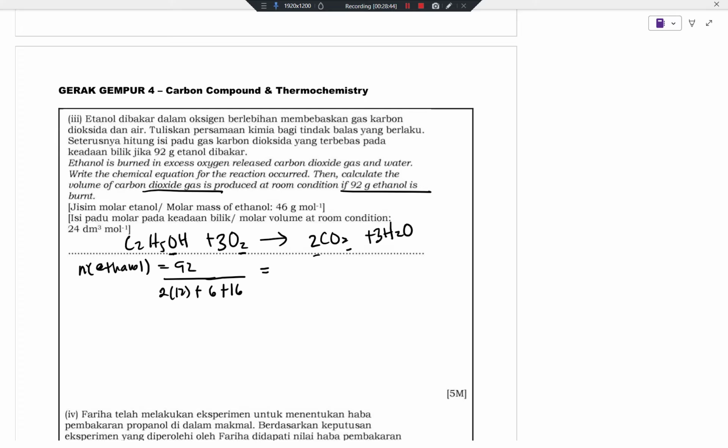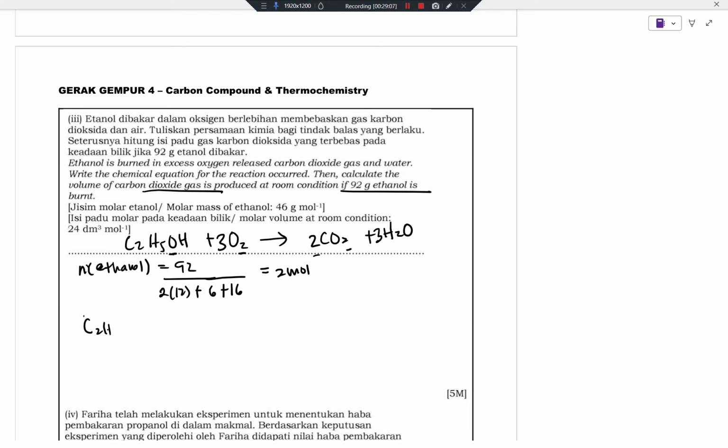So 92, கீழ வந்து 24 plus 6 plus 16. So 2 mole. Okay, number of ethanol வந்துருச்சு. And then ratio, write the chemical equation for ethanol and carbon dioxide.